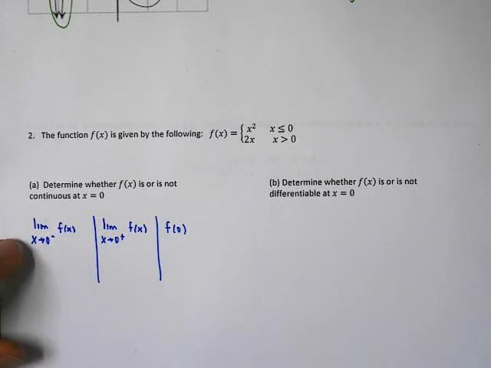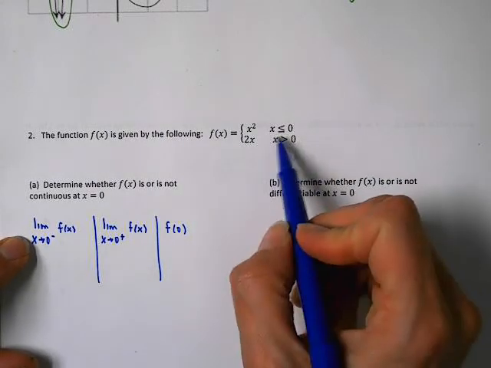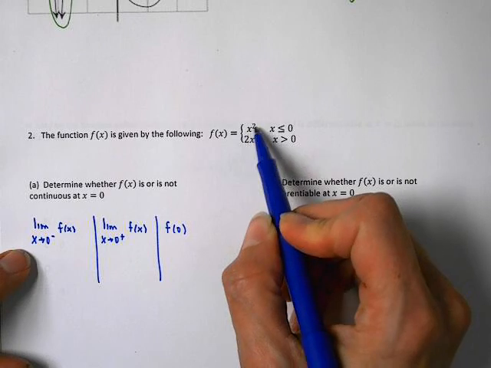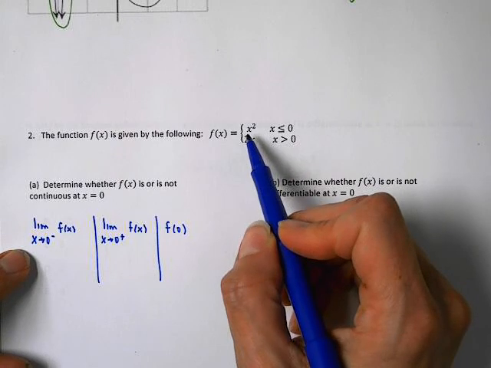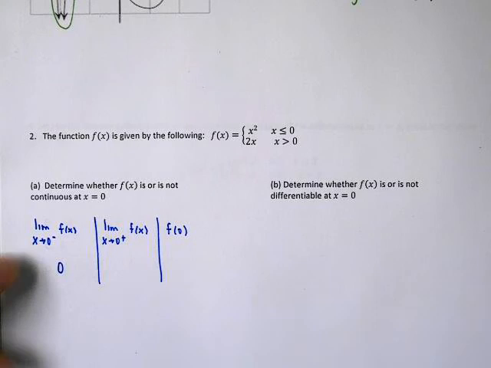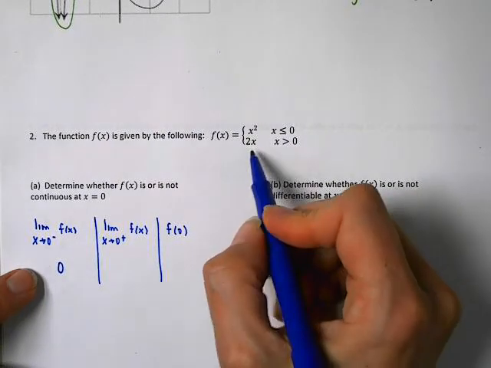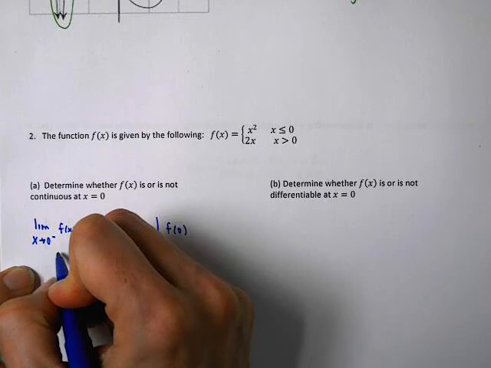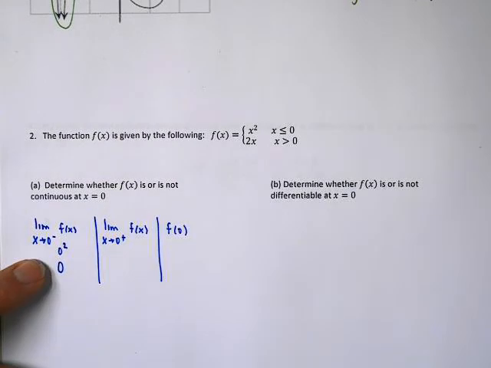So let's go ahead and take a look. 0 from the left is going to be defined by my first piece of the function. So if I plug 0 in, that's our first kind of rule of trying to find a limit. If I plug 0 in, I get 0 from the left side limit. From the right side, again, I'm going to plug 0 in. So I'm just going to specify here, this came from plugging 0 into 0 squared.